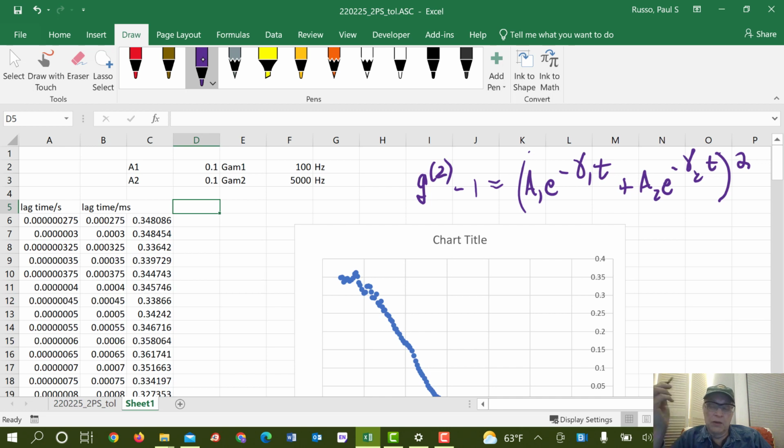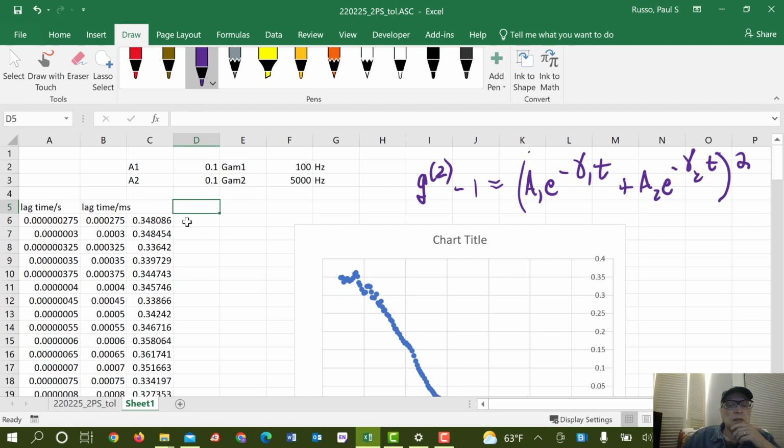And then there probably ought to be some other scaling amplitudes. I guess maybe we can just make that work. We'll just see how that works. I think that should work. I'm just going to adjust A1 and A2 until it does. All right, so that's the basic idea, the equation that we need.